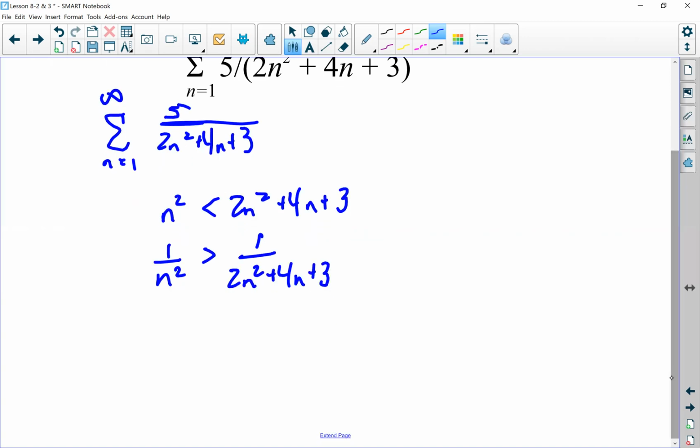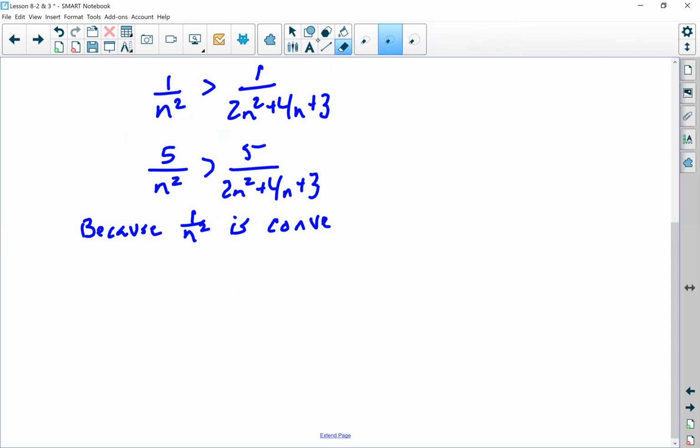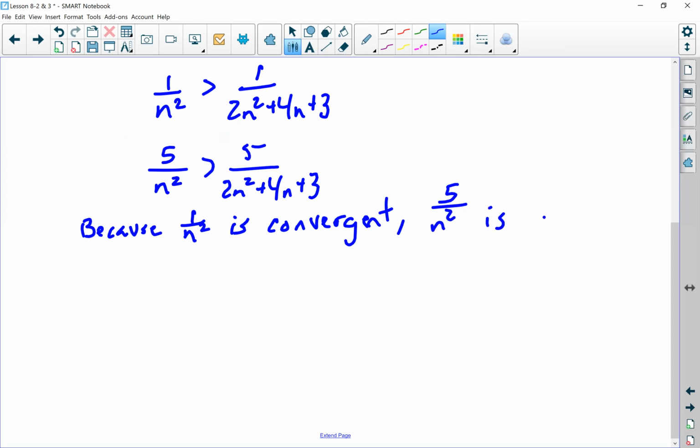The last thing I want to do, I'm going to multiply both sides by 5. Because 1 over n squared is convergent, 5 over n squared is also convergent.